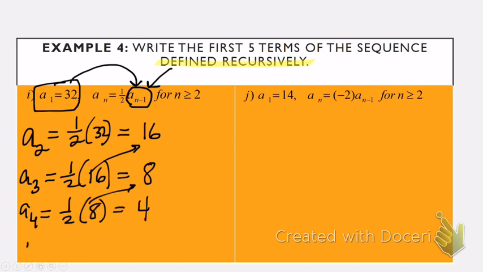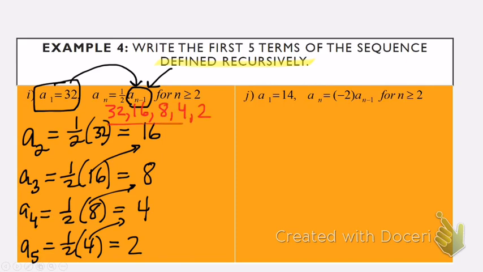And to find the fifth term, I'm going to use the previous term. So I'm going to do 1/2 of 4. So my answer for the first 5 terms of this sequence will be 32, 16, 8, 4, and 2.